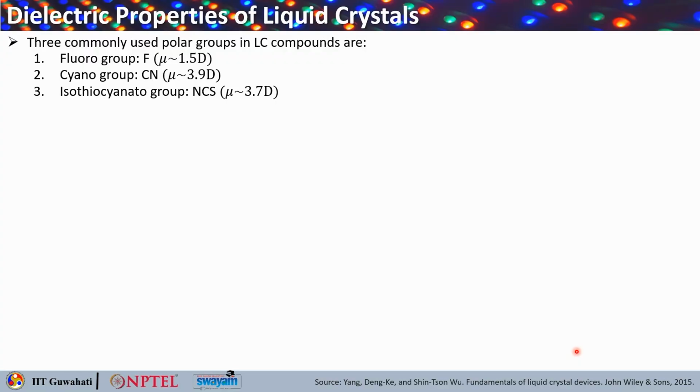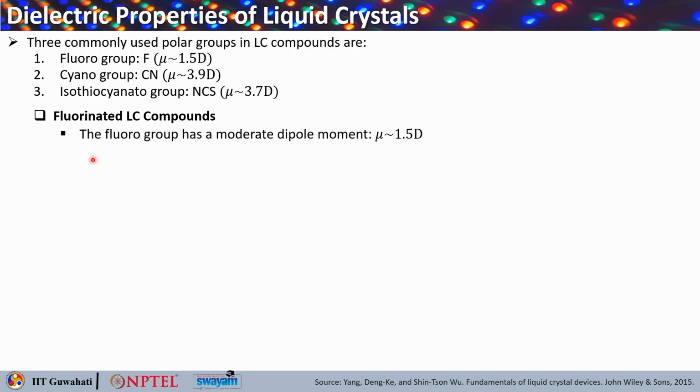Okay. So, let us now look into some of the commonly used polar groups in the liquid crystal compounds and study their dielectric properties. You can see the fluoro group F has mu equals 1.5 D, the cyano group CN has mu equals 3.9 D, and the isothiocyanate group, that is NCS, has mu equals 3.7 D. Okay.